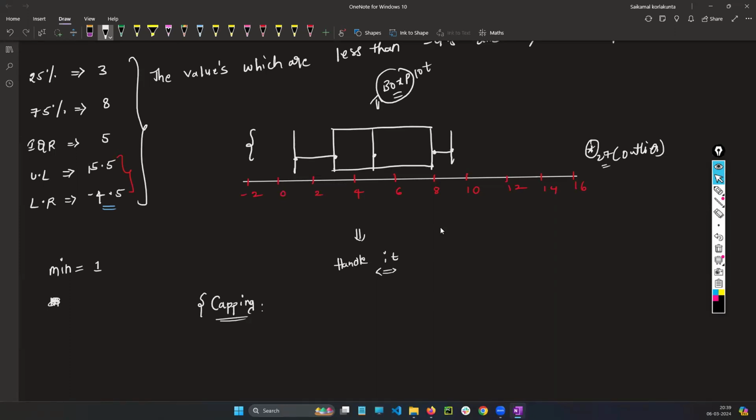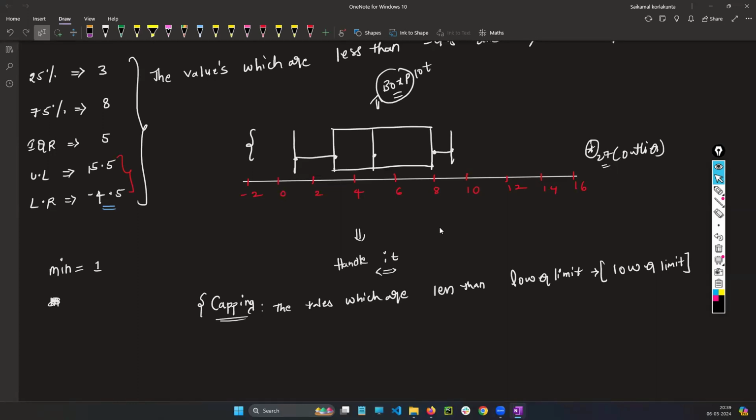See, the capping concept means the values which are less than the lower limit, convert them into the lower limit. Make them into the lower limit, or a minimum value.